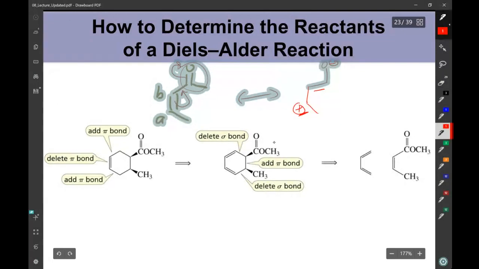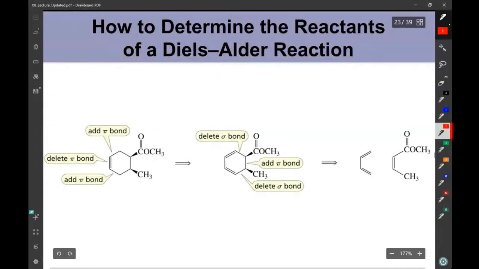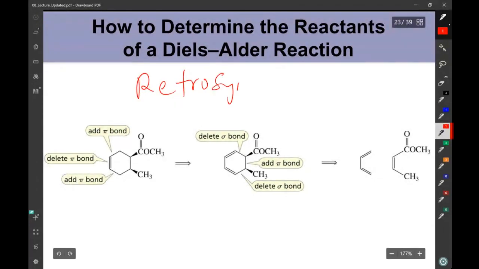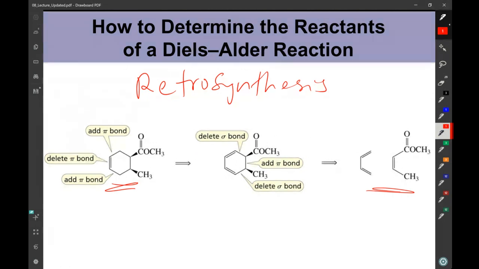Okay. Now, coming back to class, what we have here is what we refer to as a retrosynthesis. Retrosynthesis in the sense that I give you the product and I ask you to give me the starting material. So I can give you a product of a Diels-Alder reaction and ask you to give me the starting material. Usually the best way to do that is to label.